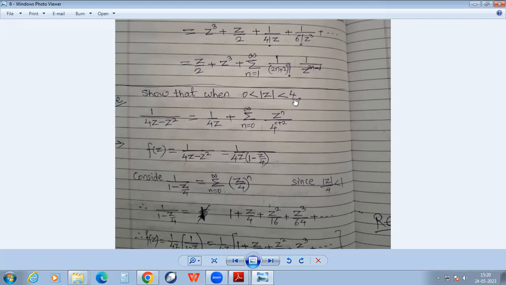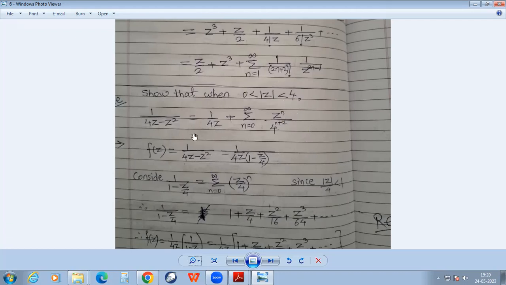Mod z less than 4, it's a disk centered at the origin and of radius maximum 4, boundary is not taken. If it would have been less or equal, we would have taken the boundary. Excluding the circumference and excluding the center. So such kind of thing we refer to as an annulus. What is this? This is an annulus.